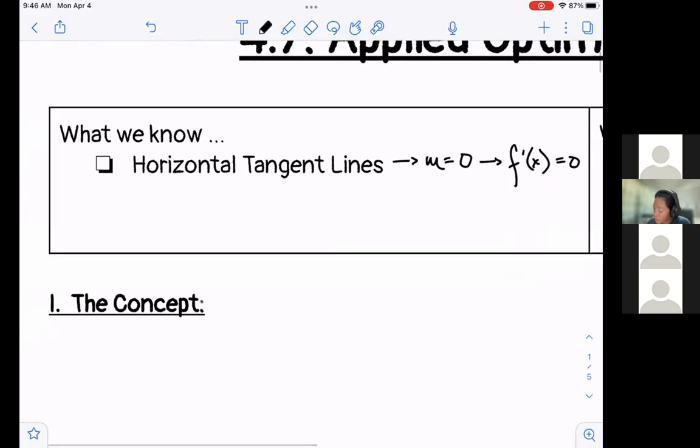Okay, so slope equals 0 means we're looking for the derivative to equal 0. Now, if I were to draw a picture of something that might have a slope of 0, maybe I could draw something like this, and we would know that at the very top, that x value has a slope of 0.